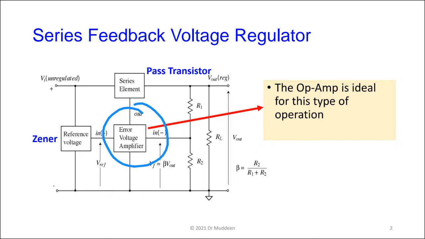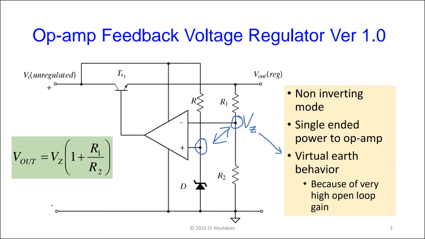We ended yesterday by saying that one device that works well for this sort of error amplification, taking two signals and subtracting one from the other, is the operational amplifier. It has an inverting and a non-inverting input, and it finds the difference between the voltages on them. So we replace the error voltage amplifier with an operational amplifier. Notice how we've wired it up.